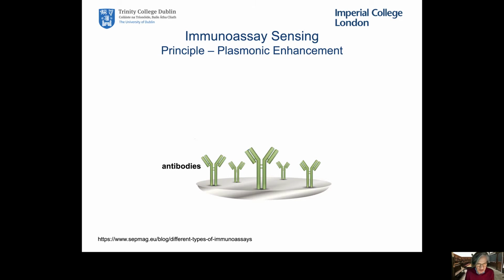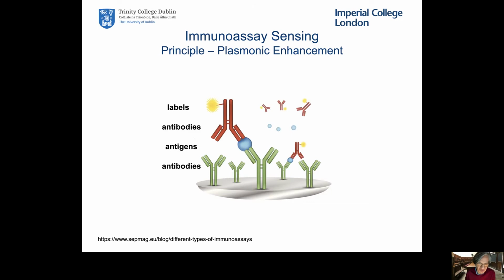There's now a very schematic description of what happens in this sensing process. If you imagine that you would, for example, have a collection of antibodies, normally you would dress them with antigens and then with other antibodies that have labels associated with them. And it is these labels that are then identified or detected.